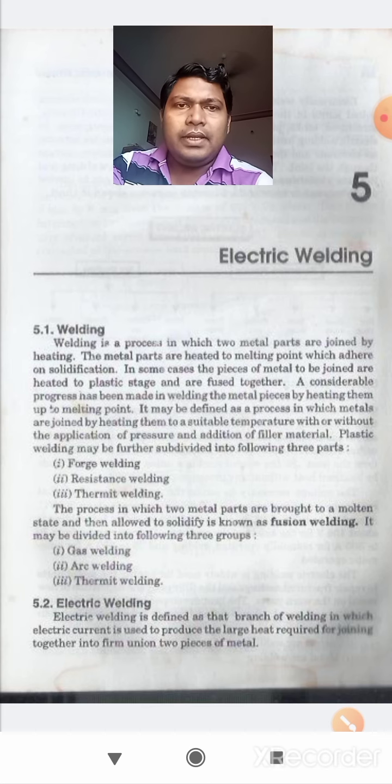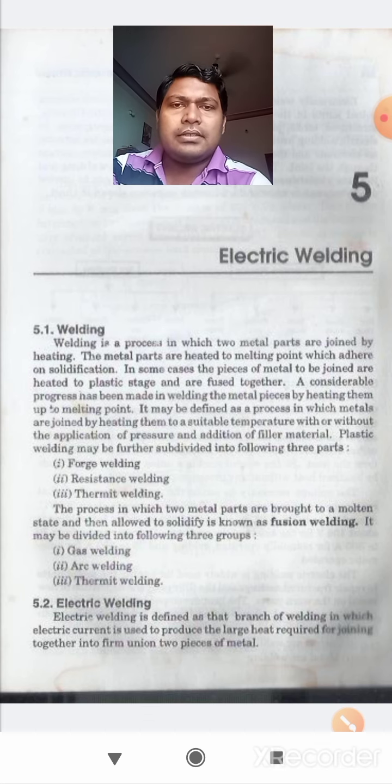It may be defined as a process in which metals are joined by heating them to a suitable temperature with or without the application of pressure and addition of filler materials. Plastic welding may be further subdivided into three parts: forge welding, resistance welding, and thermit welding. Plastics are also welded by these three methods.